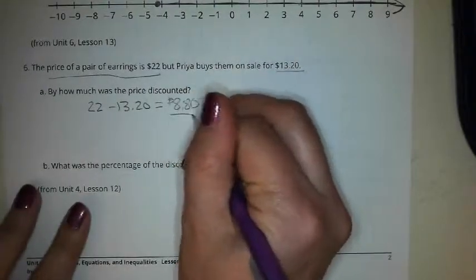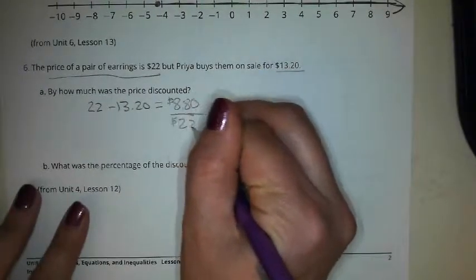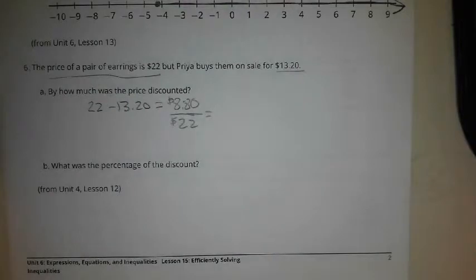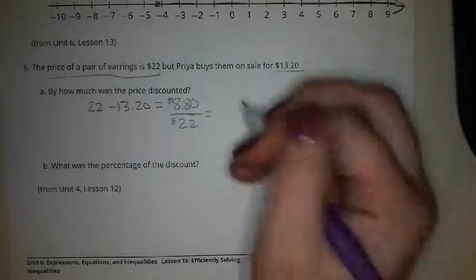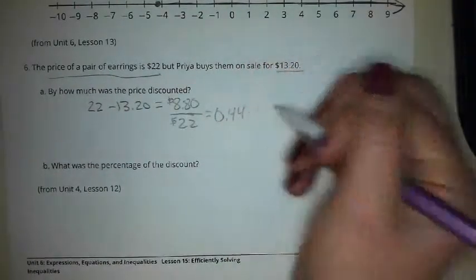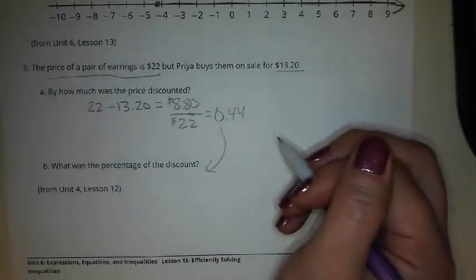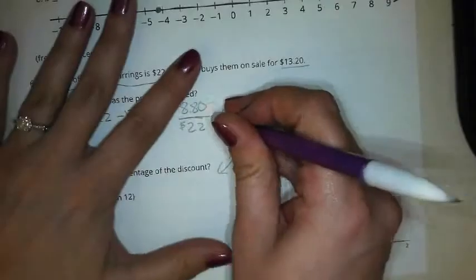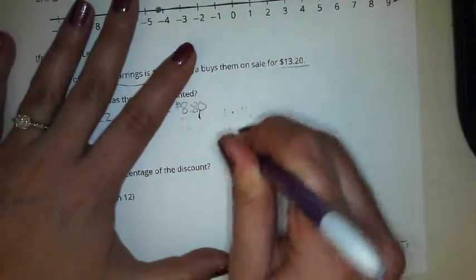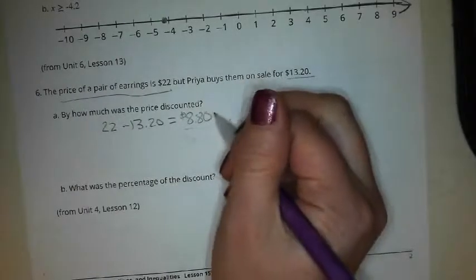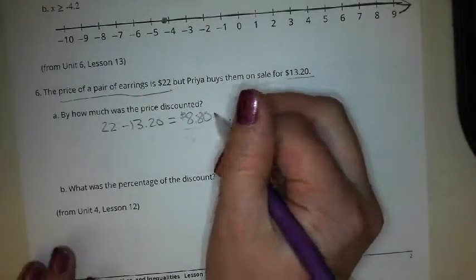Then we're going to divide that by our original cost. So divided by 20 is 0.44. Oh, sorry, I'm doing this one now. Whoops. Miss Cluthy's crazy. I'm sorry. I'm so used to just finding percent, kids. Okay, it was discounted by $8.80.